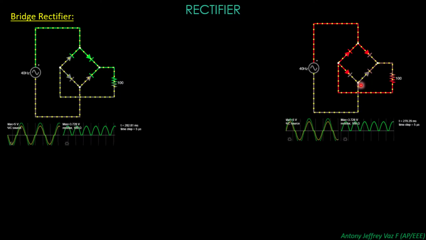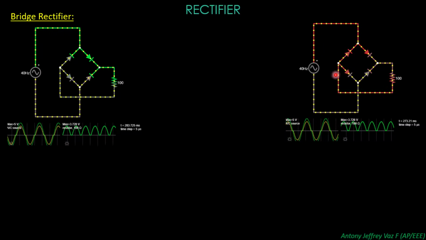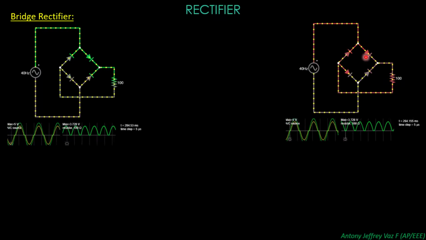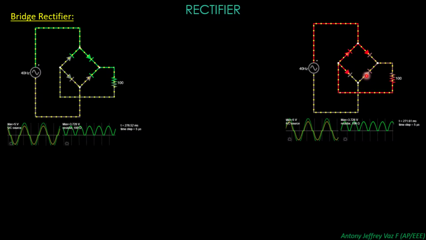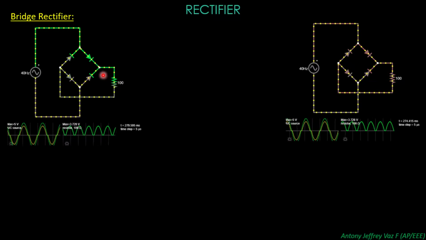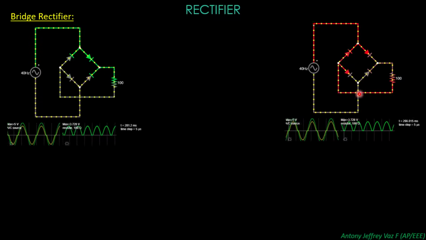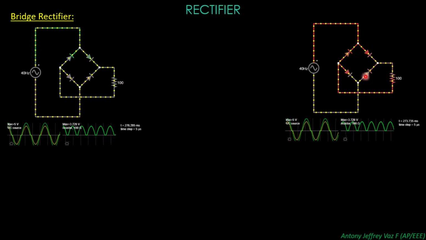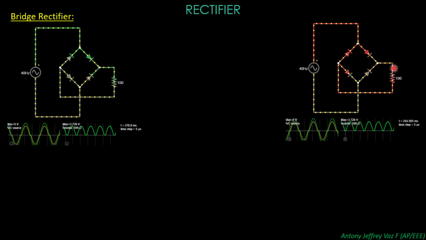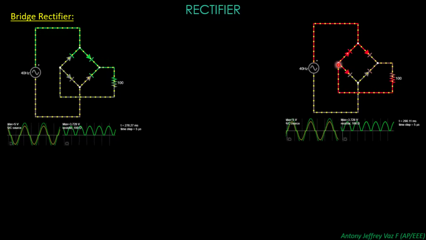Now what happens is the diodes D1 and D2, which were earlier conducting, get reverse biased, but the diodes D3 and D4, which were earlier in the reverse bias state, act as in the forward bias state. So the electrons start to flow from the diode D3, which is in forward bias, enter into the resistance and return back into this position.